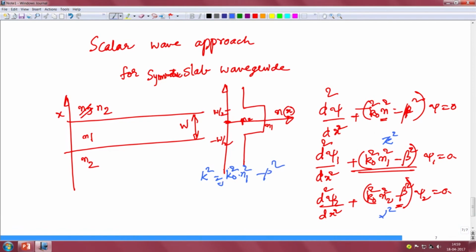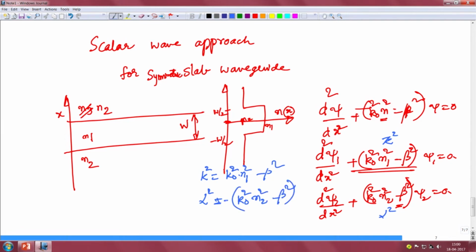And alpha square is defined in terms of the constant lying there. I will define it as a negative parameter, and I will explain why it is negative: k 0 square n 2 square minus beta square, with a negative sign.